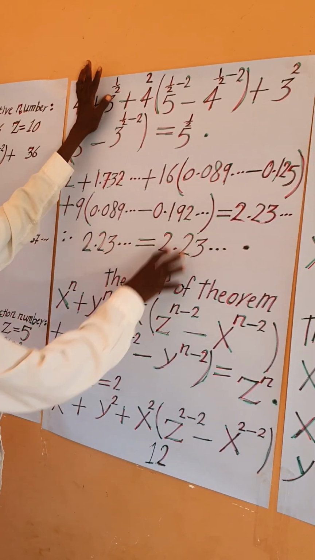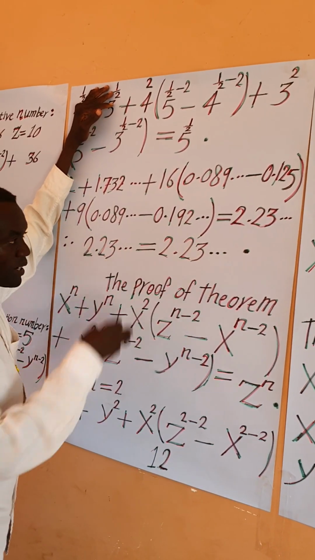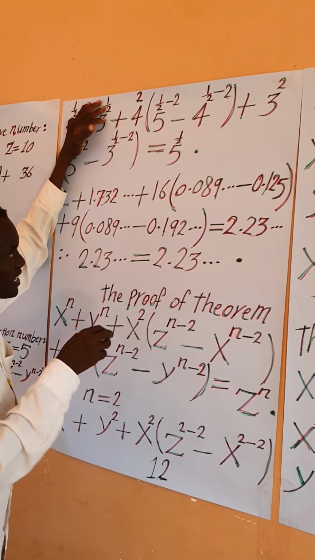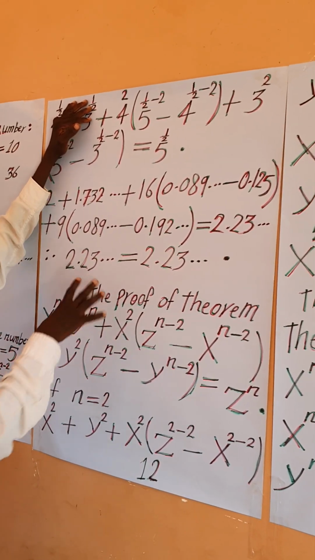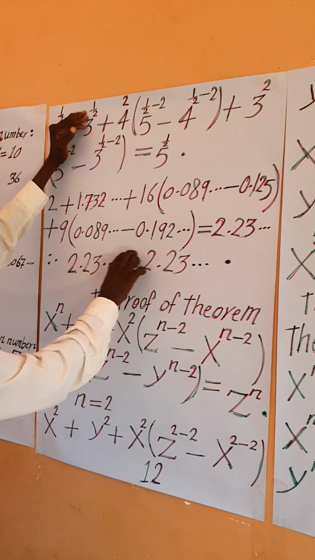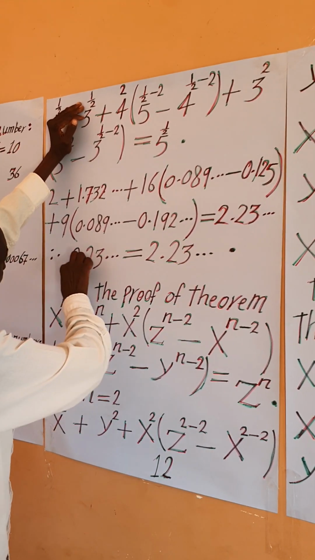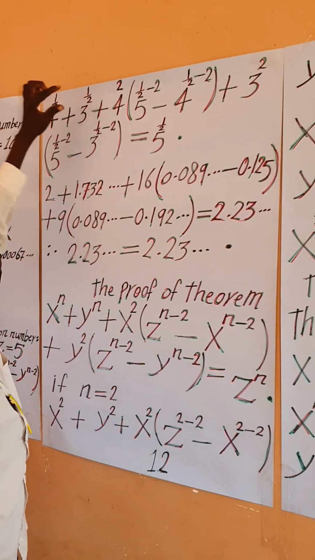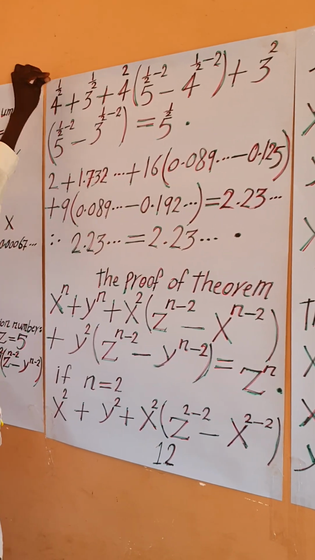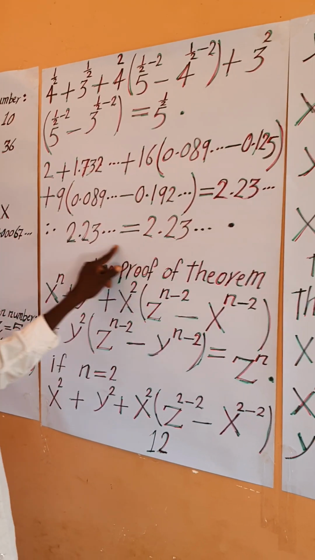If you cannot compute by your hand or your mind, you need a computer or a calculator to calculate this. If exponent is equal to half, you can get this.